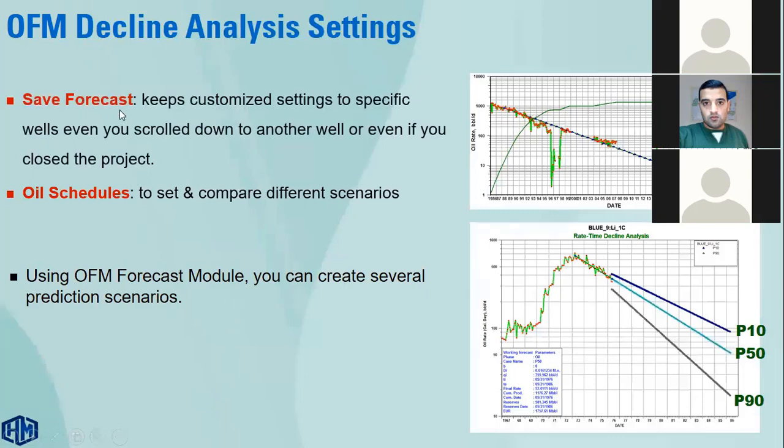Also in OFM, we can save our forecast and make different schedules corresponding to different scenarios, equivalent to P90, P50 and P10.